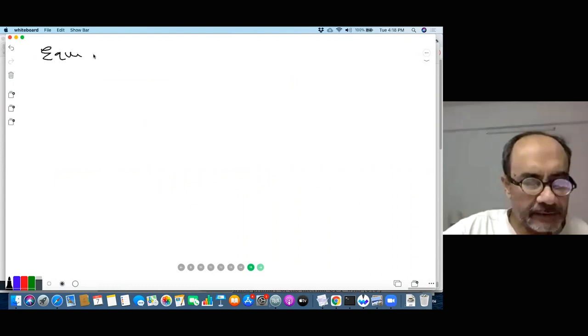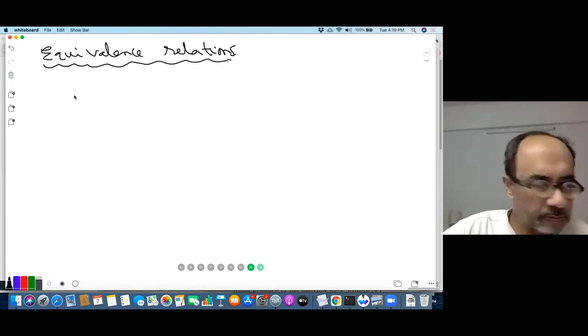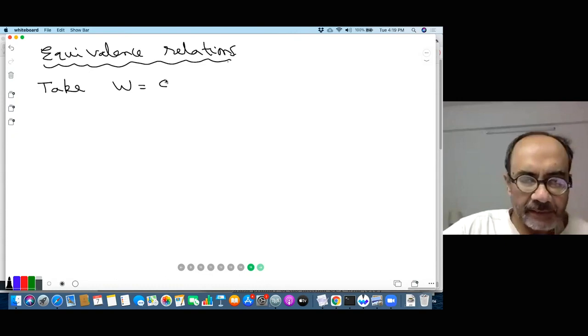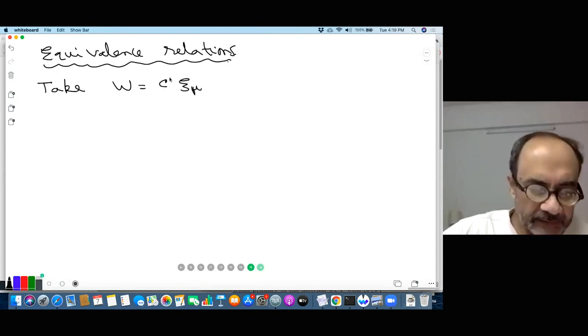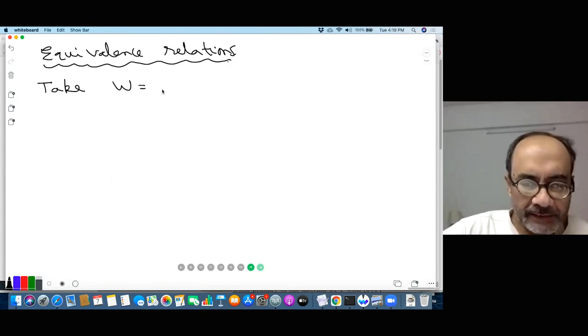So for this, let's take W to be, because of the state operator correspondence, I can either write in terms of state or operator. Here I'm writing in terms of operator. And you have to get used to this fact that we interchange state and operator freely.